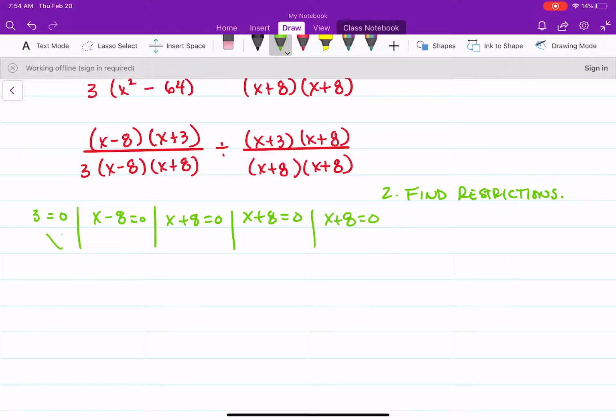So we know the 3 is nonsense. We got x equals 8 and x equals negative 8. Sounds like a broken record. So my restrictions currently is that x cannot equal to negative 8 and 8.